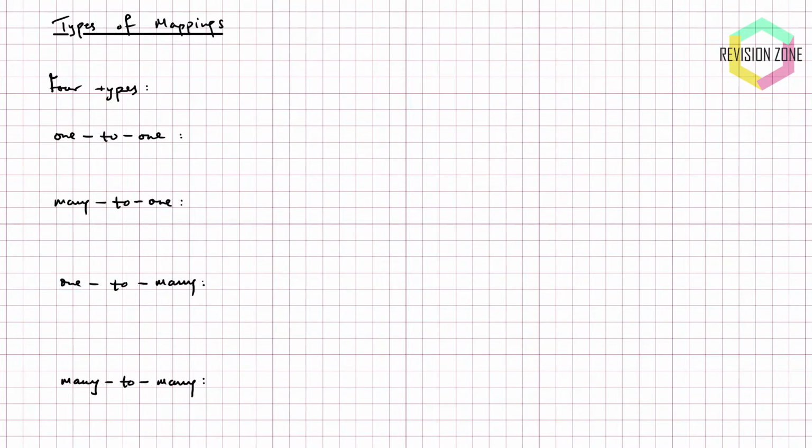So let's think in terms of a schematic what a one-to-one mapping would actually be. In all of these cases, we're going to have some sort of domain and some sort of range. Using the schematic we've already seen, we're going to have these Venn diagram-like objects, and we're going to have inputs and outputs.